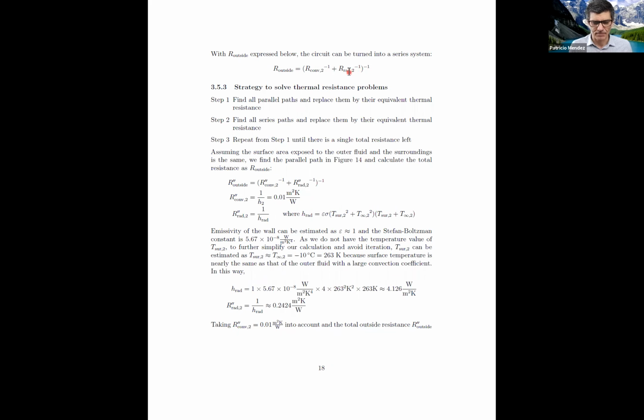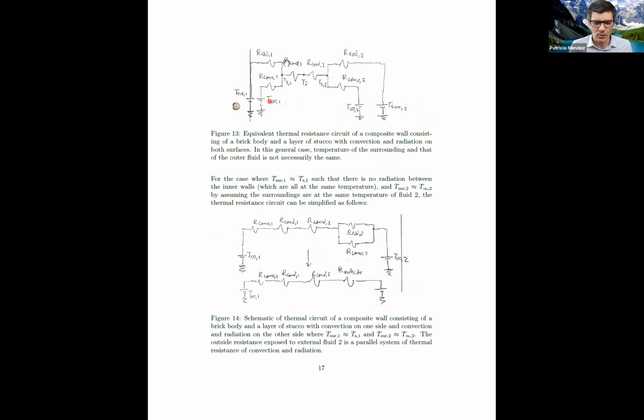So before I put the numbers in here, what I wanted to suggest is how to solve a thermal resistance problem. In a thermal resistance problem, you might have something that looks like a spider web, like this thing here. And you would not panic.